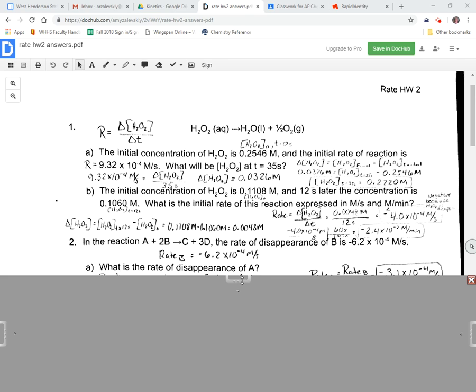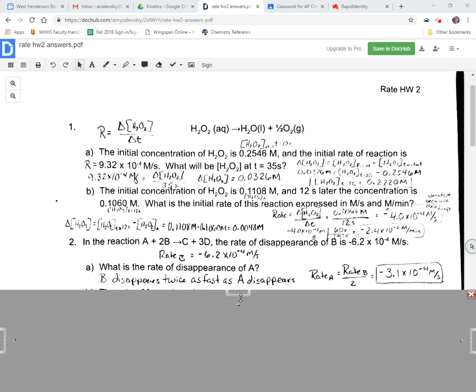So what I saw here from this balanced equation is that for every A that's used up, it has to use up 2 B's. So B disappears twice as fast as A appears from those coefficients. And so the rate of A is going to be the rate of B divided by 2. And I got negative 3.1 times 10 to the negative 4 molarity per second. Again, it is negative because it is a rate of disappearance.